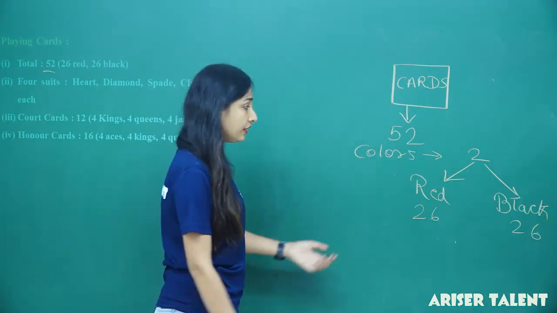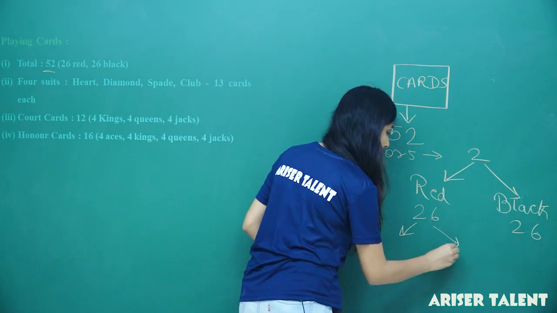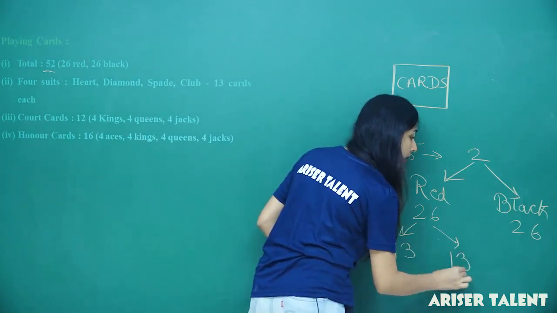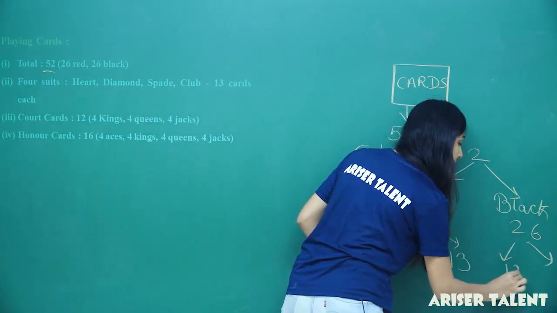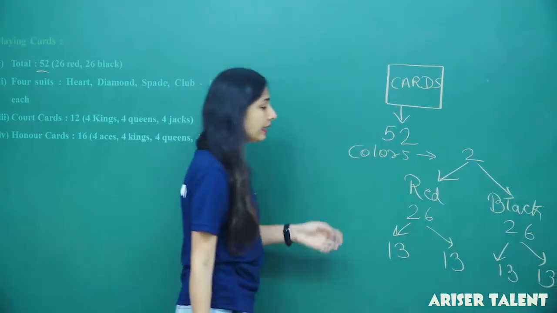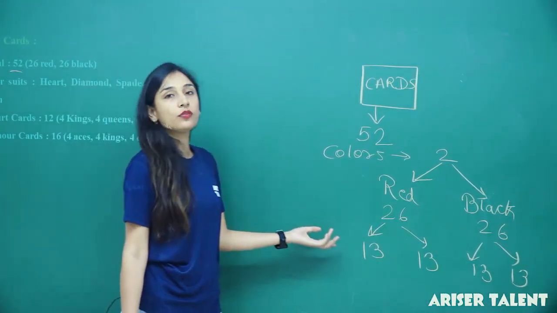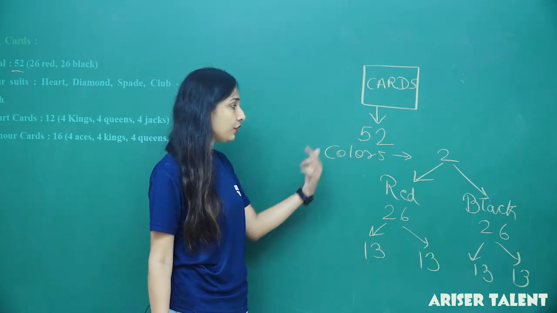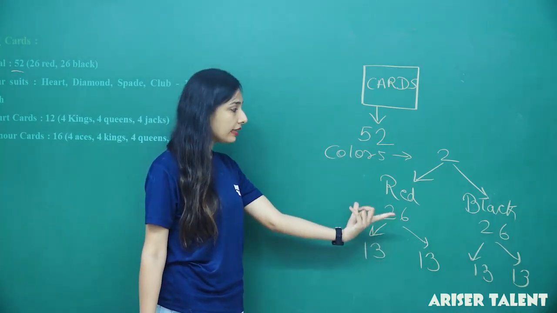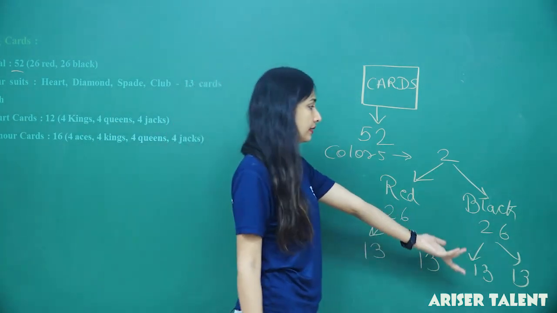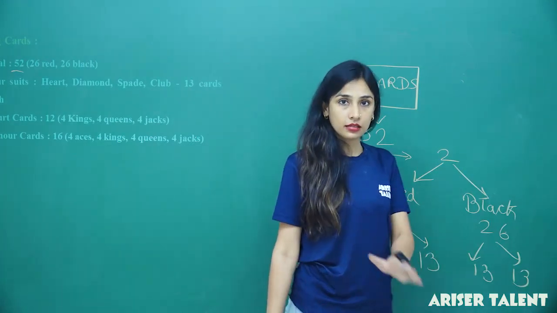Now they are further divided, 13 and 13. So basically guys, there are 4 groups of 13 that make 52, but 26 cards are red colored and 26 cards are black colored. This is the basic.